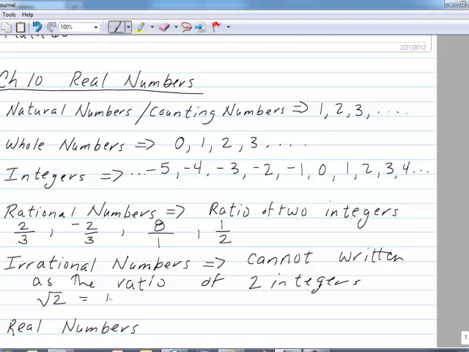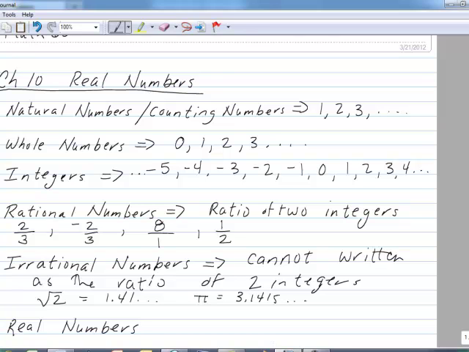This comes out to be 1.41 and so on. It doesn't repeat. Another one would be pi, which we know is 3.1415 and so on. Those are irrational numbers. They cannot be written as the ratio of two integers.